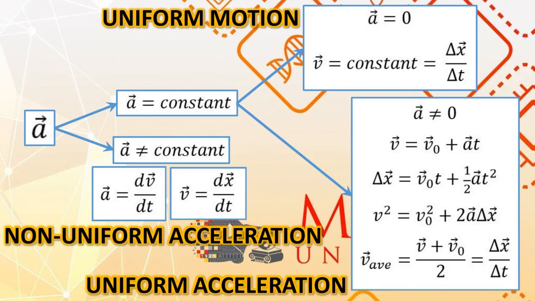If the acceleration experienced by the object is not constant, the object is said to be undergoing non-uniform acceleration, in which case we have to go back to the two basic equations or definitions of our variables: acceleration is equal to dv over dt and v is equal to dx over dt.